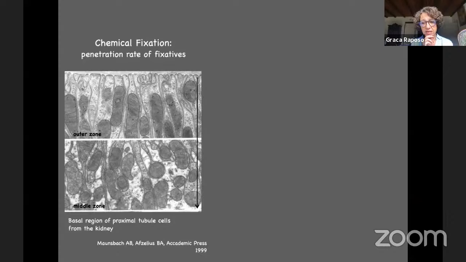So it's true that until now I've been using agents that are indeed aldehydes, and one problem of these chemical agents is their penetration rate.